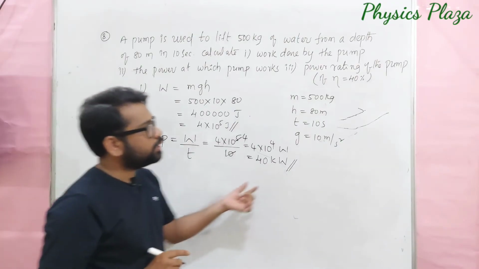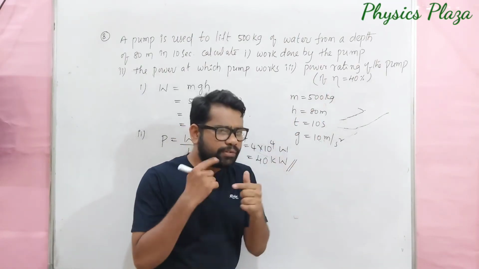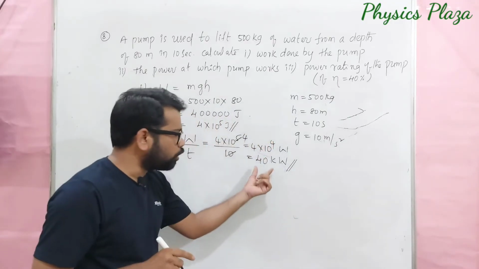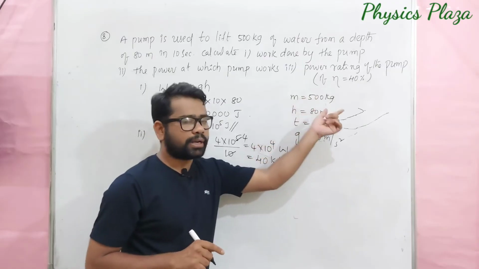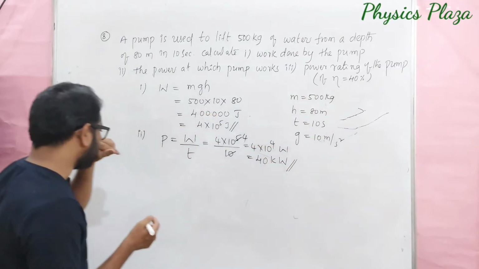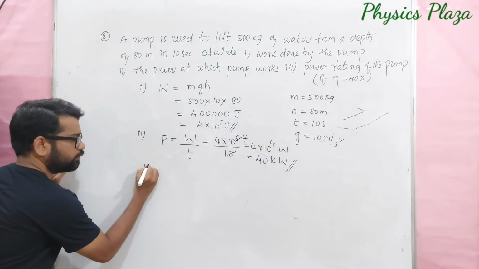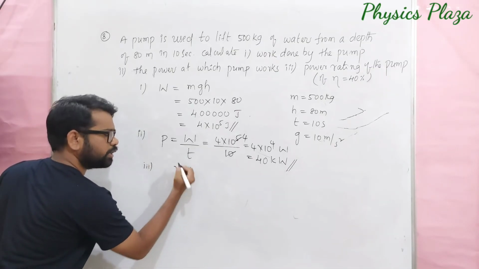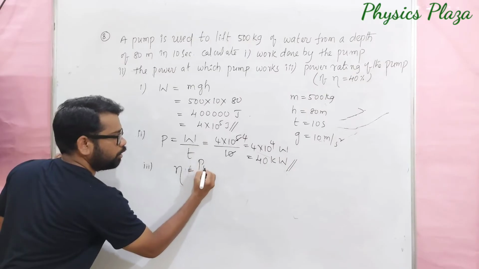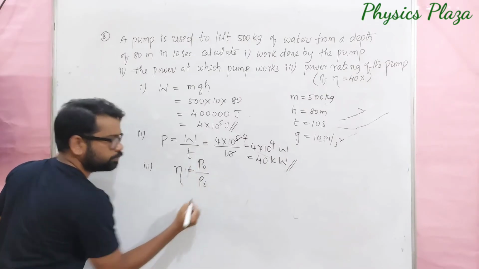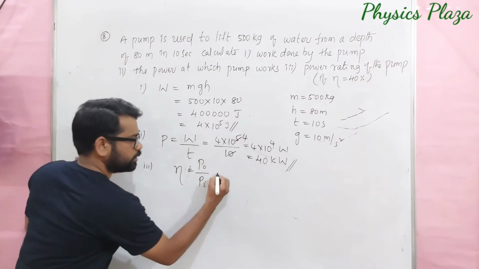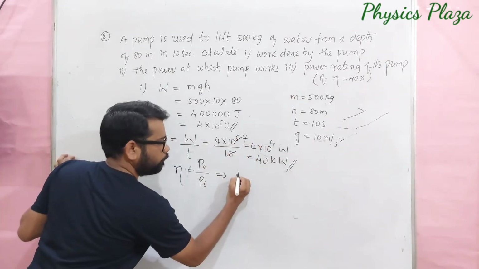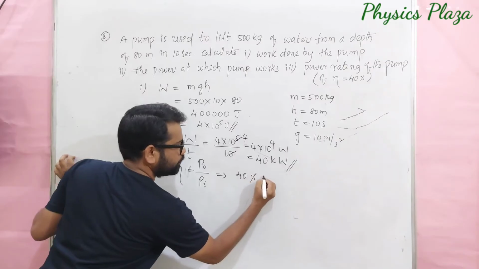Now children, here they are talking about efficiency. Efficiency is equal to output power by input power. The output power we got, so we need to calculate the input, that is the power rating. It is known that efficiency is equal to P output by P input. Here efficiency is given as 40%.